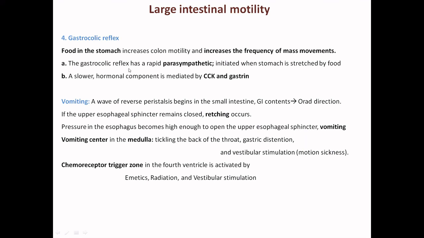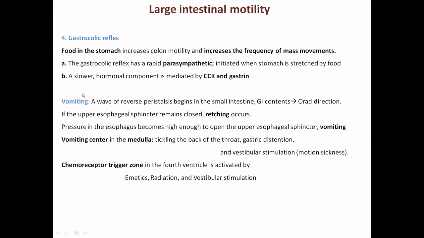The gastrocolic reflex has a rapid parasympathetic component, initiated when the stomach is stretched by the food. A slower hormonal component is mediated by CCK and gastrin. So the food in the stomach also initiates movement in the colon, in the large intestine. This is mediated by CCK and gastrin as well as the parasympathetic nervous system.